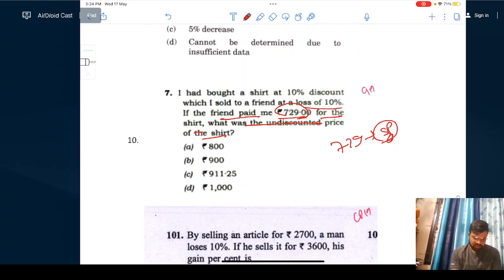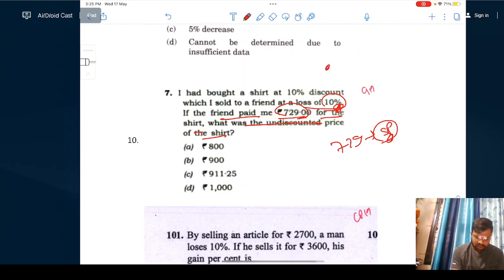Now when you add this loss back, the price that comes out was the selling price for you at which you bought the shirt. So this is the chain.